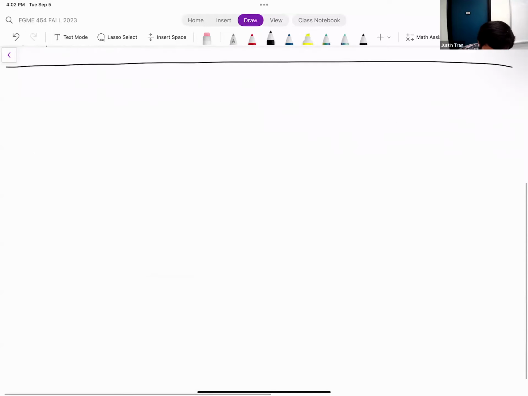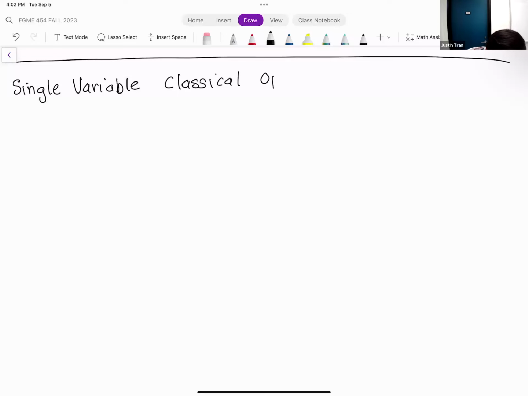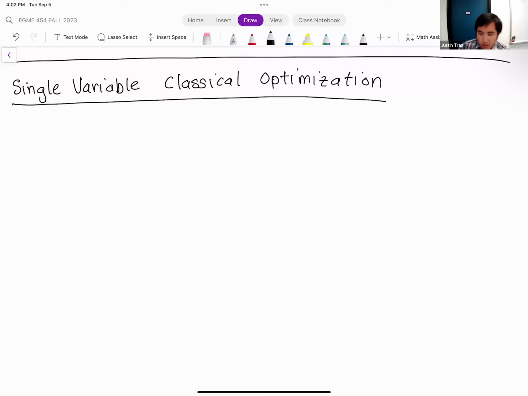What we were covering last week was single variable classical optimization. Let's start with a little review of what we covered last Thursday.